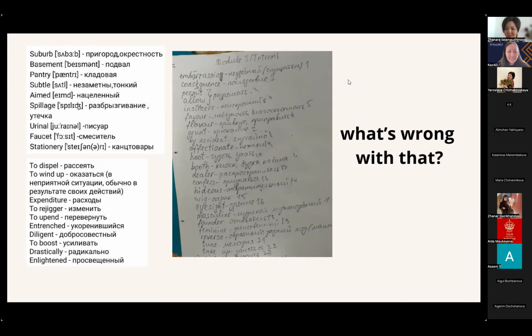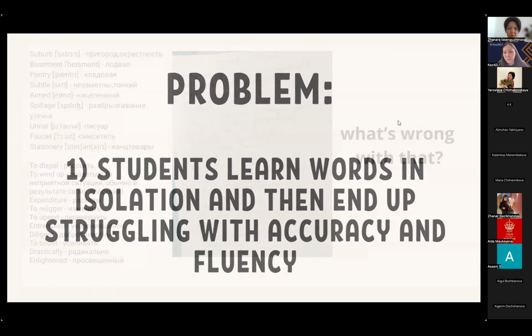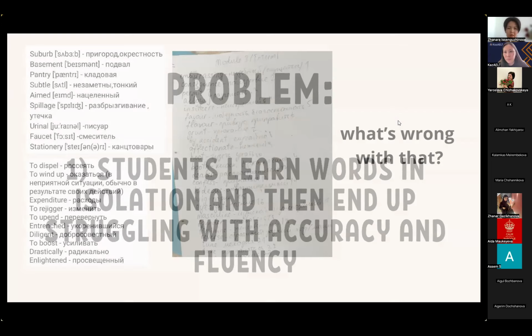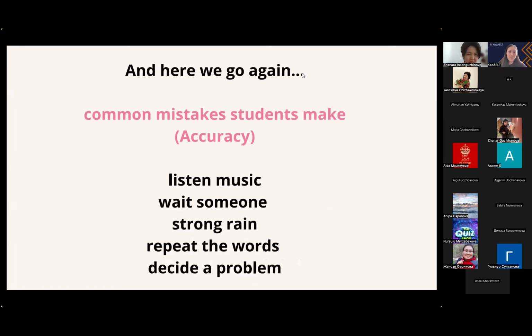Actually, all your answers are correct. They make sense. Well, probably it works sometimes, but not the way we actually need. The problem is that students learn words in isolation and they end up struggling with both accuracy and fluency. Imagine you just learned all these words, and then here we go again, those common mistakes, as one of the members brought up with this Home Alone film.